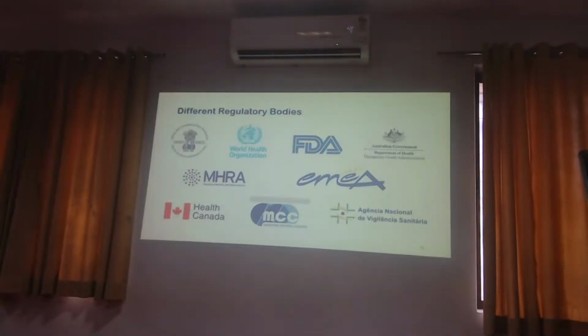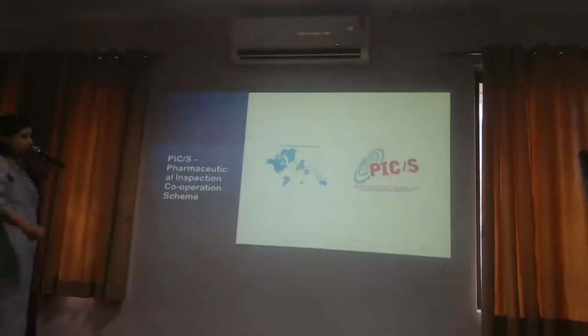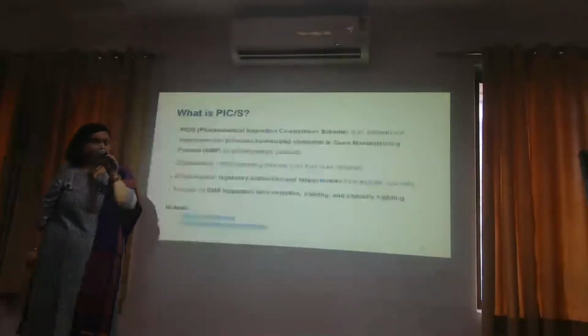The validity of that GMP approval is always linked with the approval of the reference country. Similarly, there is PICS approval. PICS is the Pharmaceutical Inspection Cooperation Scheme. These blue highlighted countries are part of PICS.